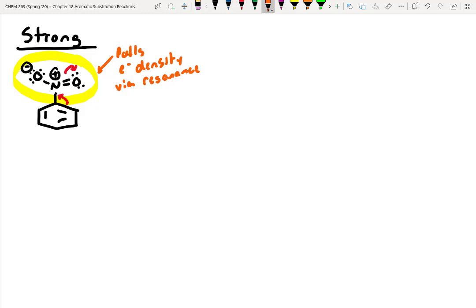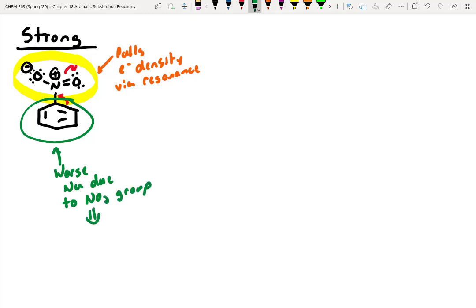In this case, it makes this aromatic ring right here a lot less nucleophilic because we're actually pulling electron density out of the ring, which is going to slow the rate down. Due to that nitro group, therefore, the reaction is slower. So that kind of explains what's going on here. It's similar to what we saw with activators, but this time it's actually going to slow things down by making our aromatic ring less nucleophilic, and it won't stabilize our transition state.